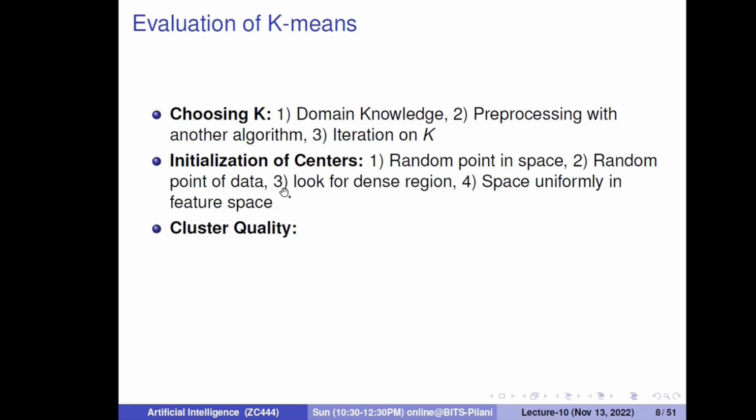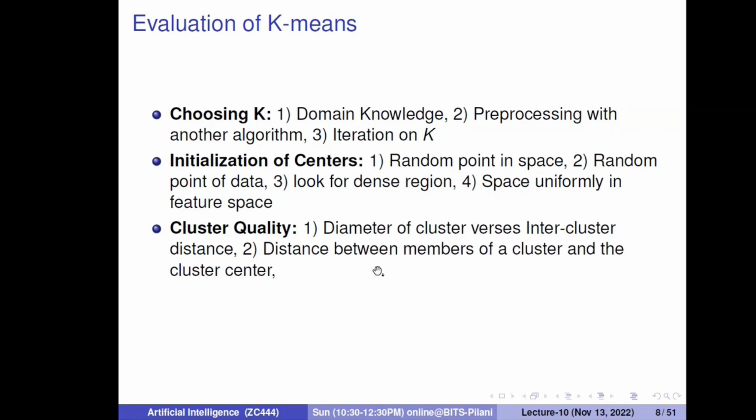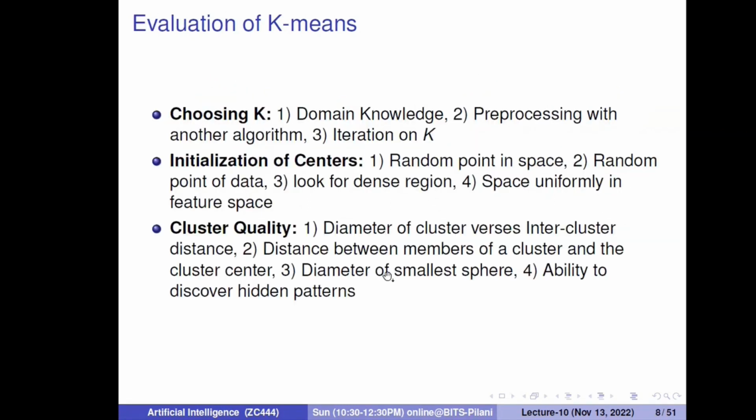You pick more representatives there, or you space these points uniformly in the feature space, and then you start doing k-means. Cluster quality, we have just discussed one method for that.